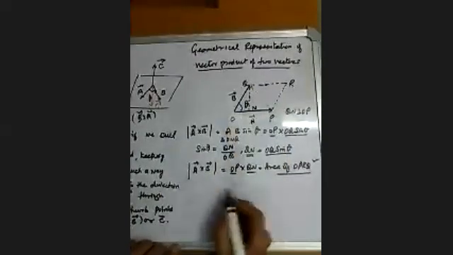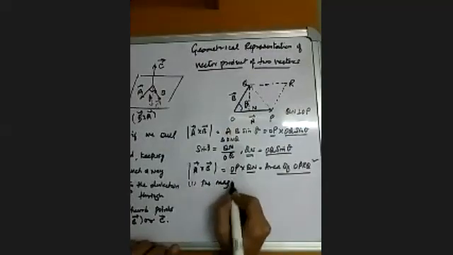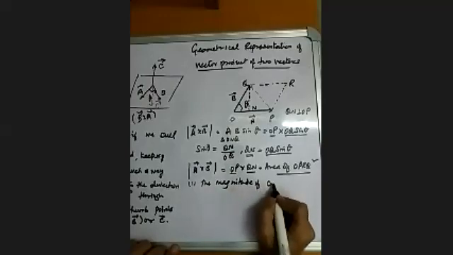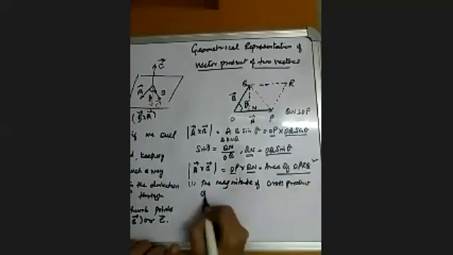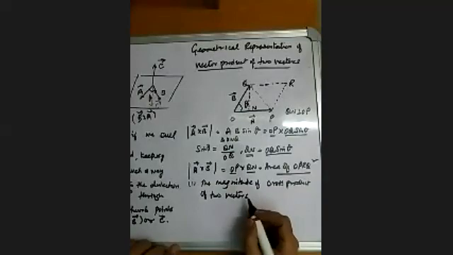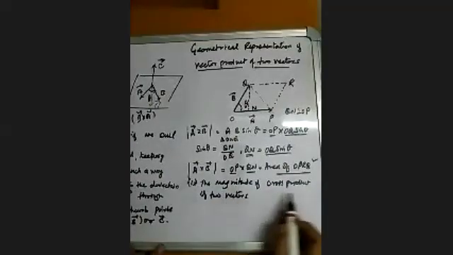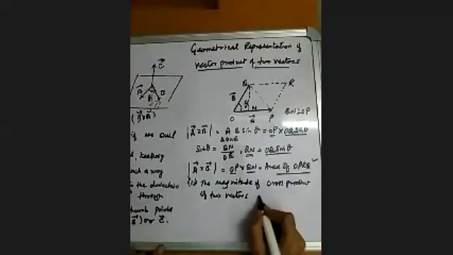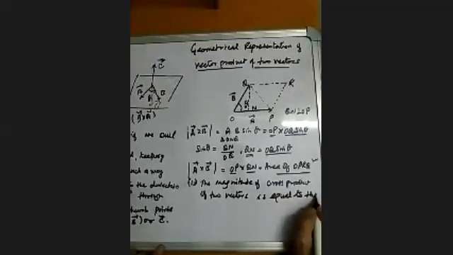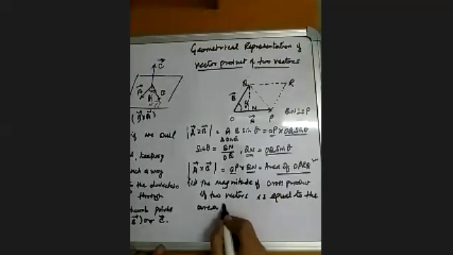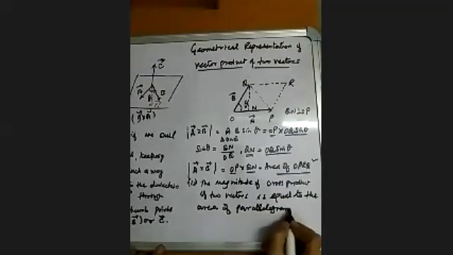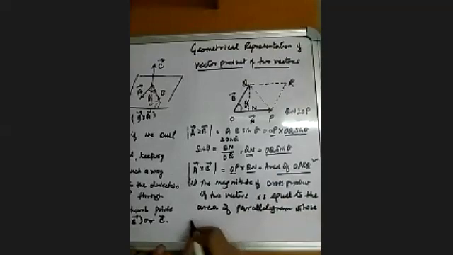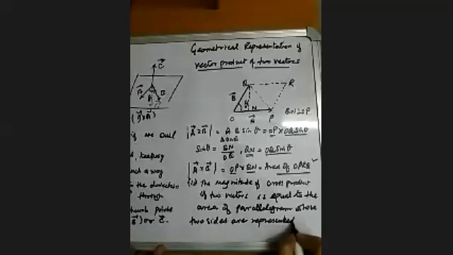So I can conclude here that the magnitude of the vector product or cross product of two vectors is equal to the area of the parallelogram whose two sides are represented by the two vectors.